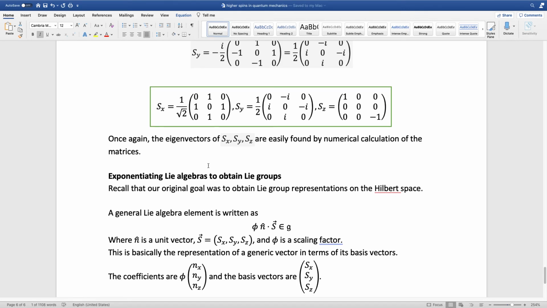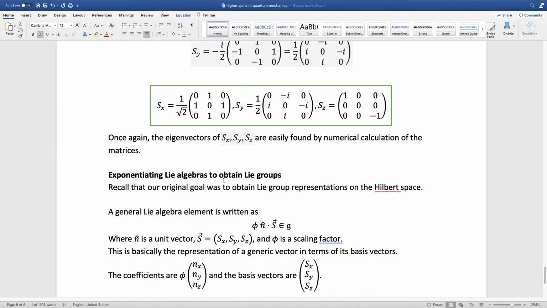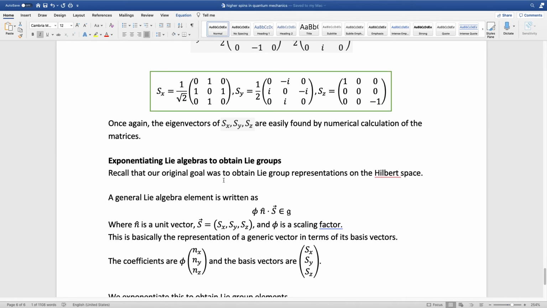So lastly, let's talk about exponentiating the Lie algebras to obtain Lie groups. Recall that our original goal was to find the Lie group representations on the Hilbert space. Because a general Lie algebra element can be written like this, where n hat is a unit vector, phi is a scaling factor, and s is the 3 basis vectors.